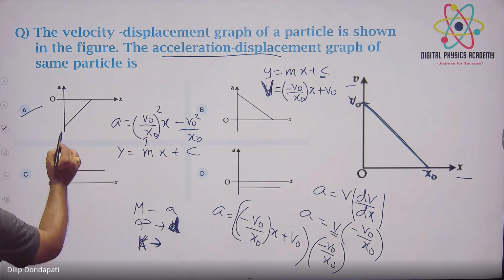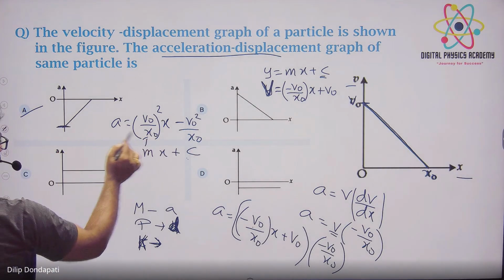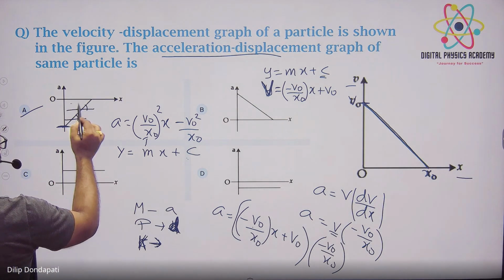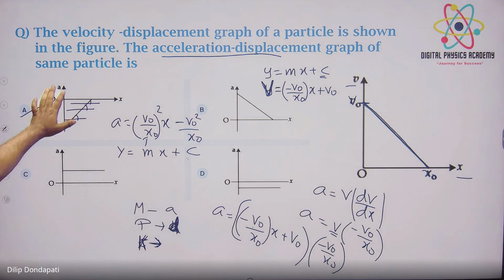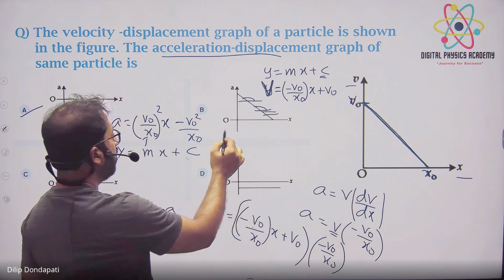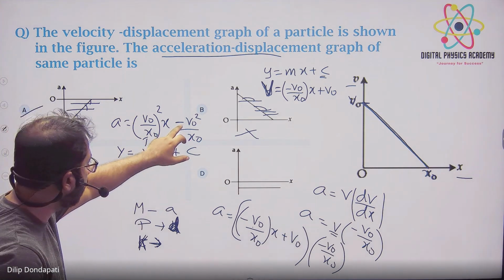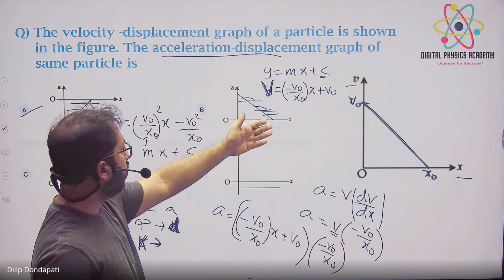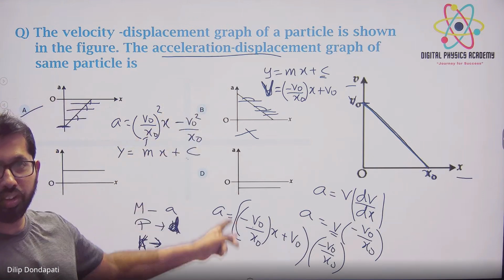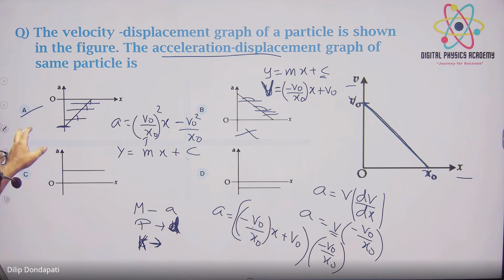So y intercept is negative, and slope is positive. So this is the answer. इधर देखो slope is negative आ गया, greater than 90. That means this is wrong. Yeah, sir, but in the B option the y intercept is positive. B option में y intercept is positive only. So that's why it's wrong. So A is the answer. Okay.